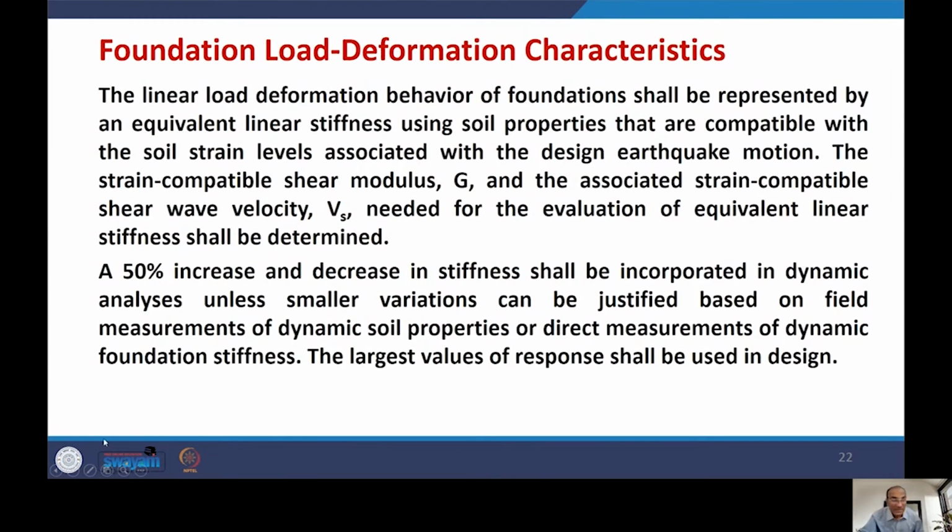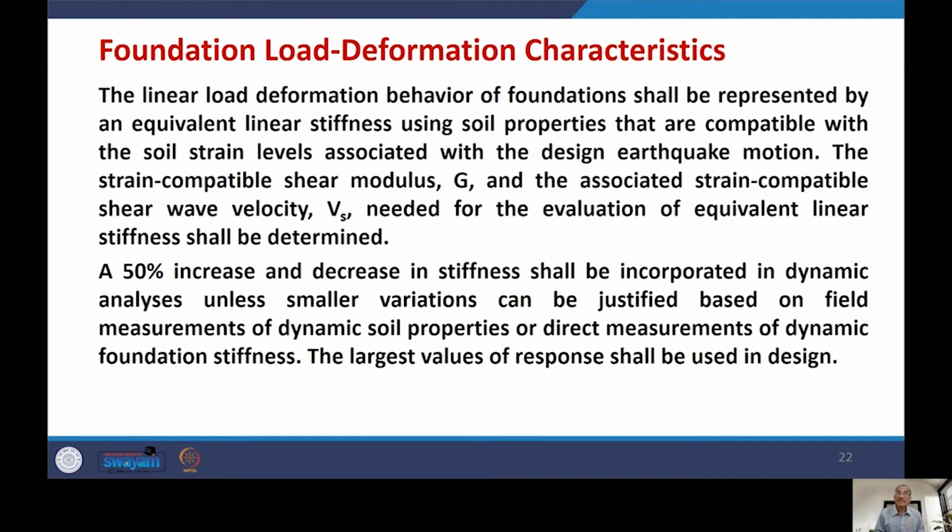Continue with that. In ASCE the load deformation characteristics have been given. The linear load deformation behavior of foundation shall be represented by an equivalent linear stiffness using soil properties that are compatible with soil strength levels associated with the design application. So that means it is basically the equivalent linear model of soil, where you keep updating the shear modulus and damping ratio of the soil as the level of strength changes.